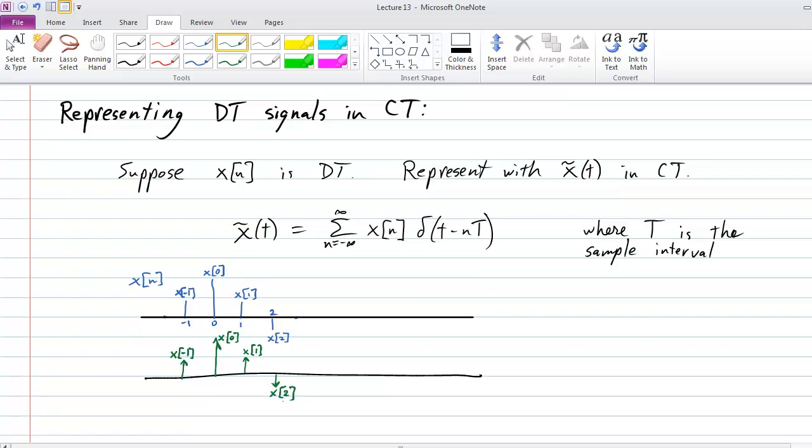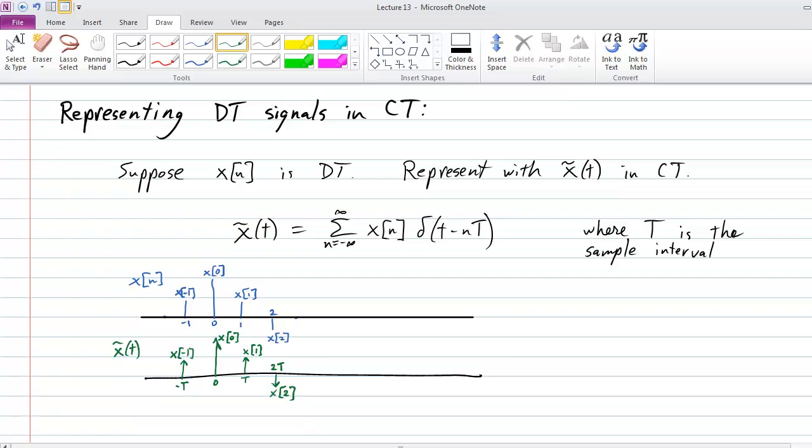Oh, and let's plot the horizontal axis. So this is at 0, that's at minus T, that's at T, that's at 2T. So this here is x tilde of t. So you see this is just a way we're going to choose to represent a discrete time signal in continuous time.